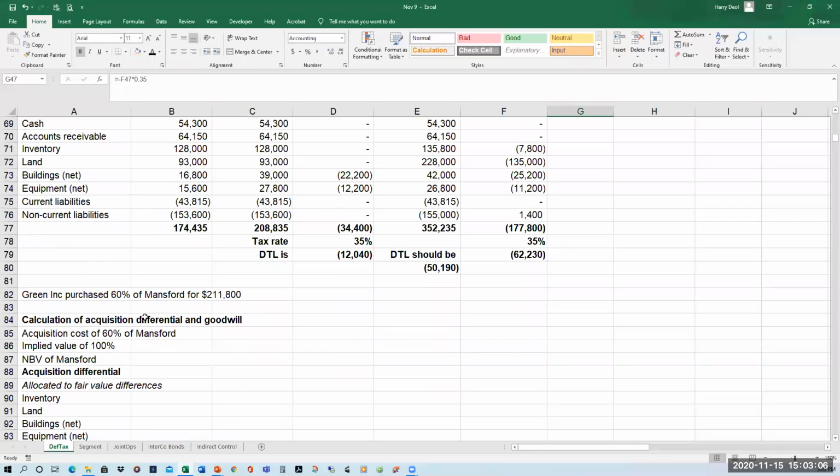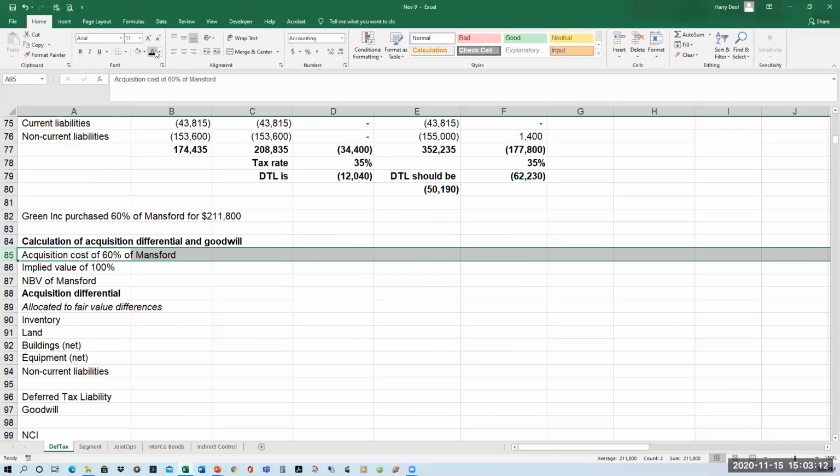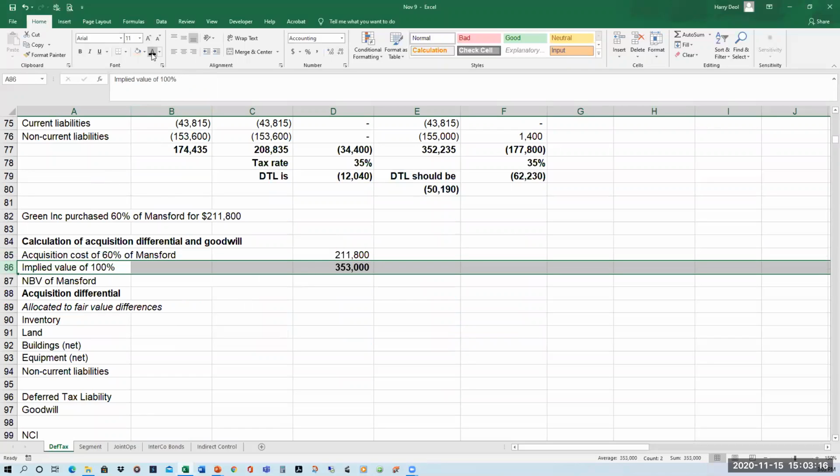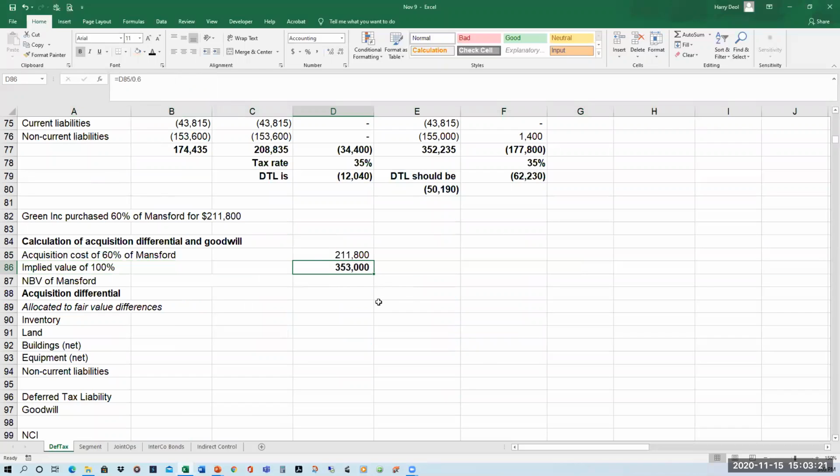So Green Company, Green Inc. purchased 60% of Mansford for $211,800. So that's the acquisition cost of 60%. Gives us an implied value of 100% of Mansford being $353,000. $211,800 divided by 60%.